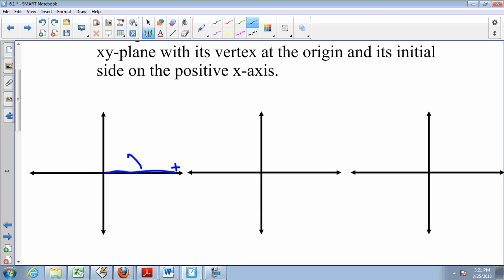We could go up to the other side, and that would be a positive angle. We could have a negative angle by going clockwise. It can also go more than one complete rotation and end here.